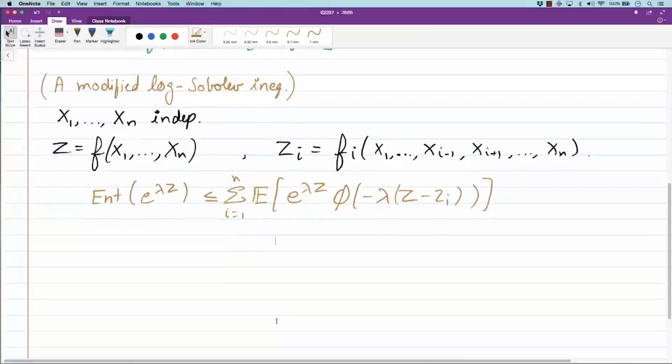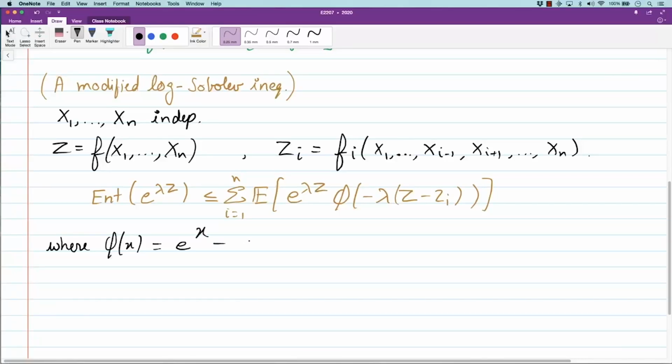That's the main inequality we'll show. I never defined this function phi, where phi of x is equal to e to the power x minus x minus 1. Okay, so let's prove this inequality.